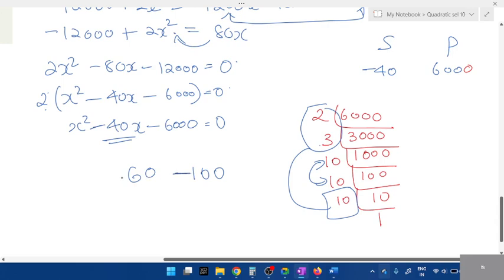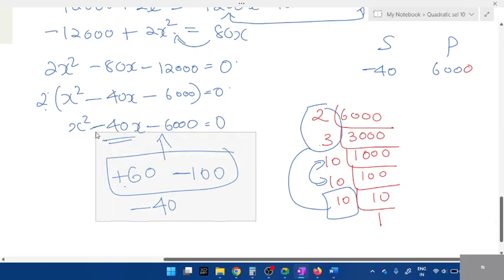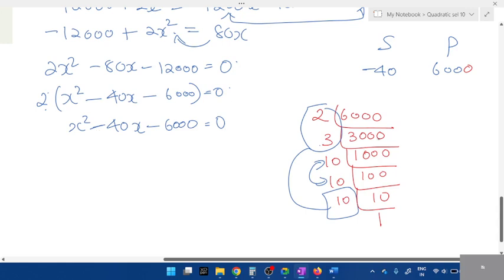What should I put before 60? Plus. What is plus into minus? Minus. 60 minus 100 is, are we getting minus 40? Minus 40. And when you multiply this, plus into minus is minus. 6 into 100 is 6000. Right? Did you all understand? So here you might have a doubt how to pair, how to check the pair, right?